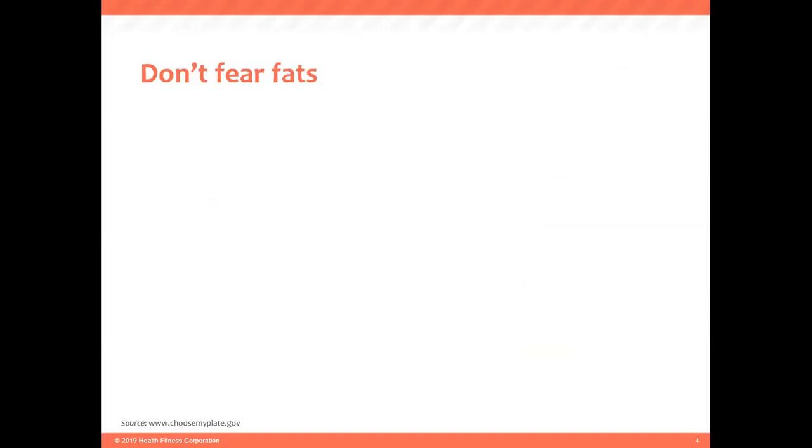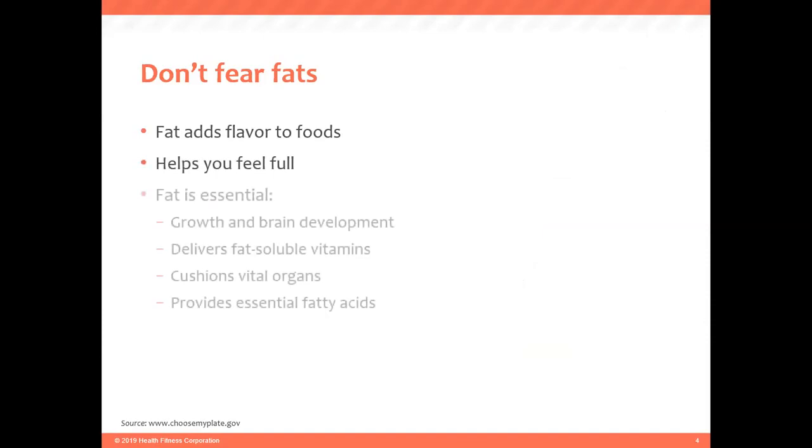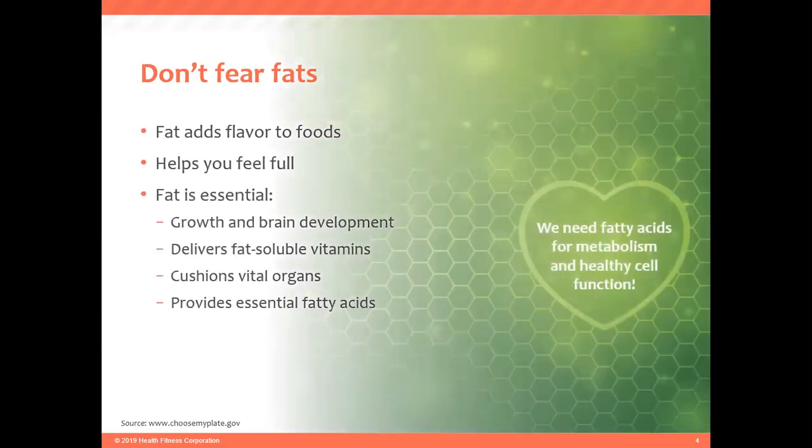Fat plays many important roles. In addition to supplying energy, also known as calories, it adds flavor to our food, so that palatability. It helps you feel full, it's essential for growth and brain development, delivers fat-soluble vitamins, and cushions the vital organs.